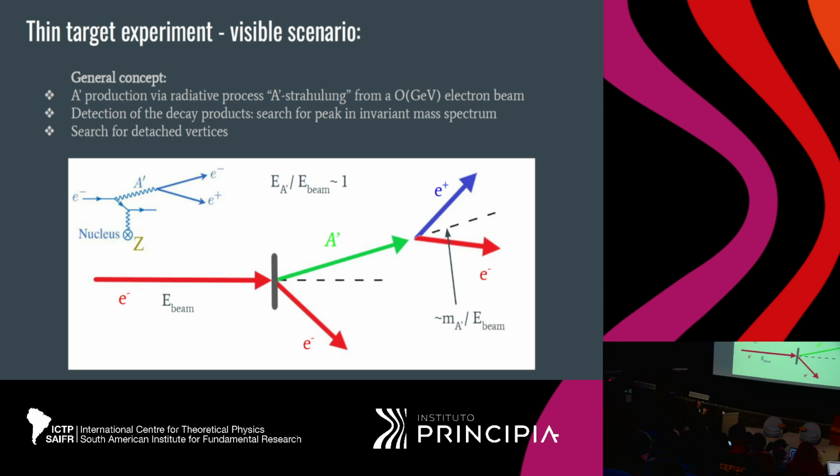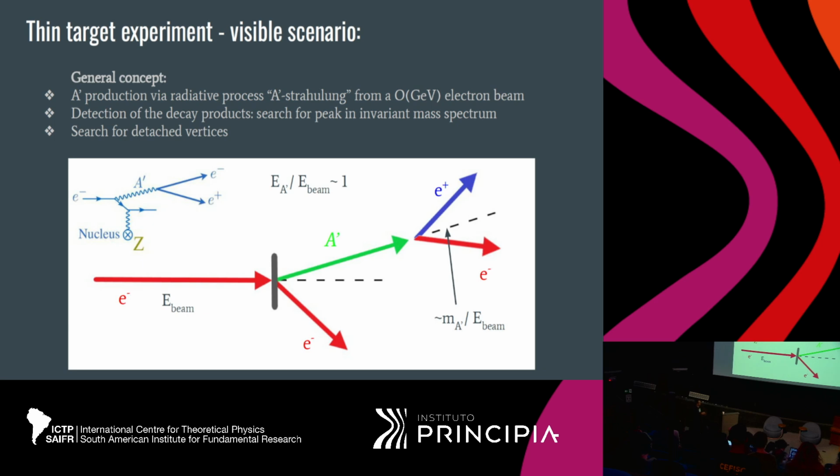And then, if, for example, you are in the visible decay scenario, this dark photon can decay into a pair of electron and positron. Here, we are assuming electron and positron and not muons, because now we are considering a range of mass which is below 2 times the mass of the muon. So this is the signature for this decay.